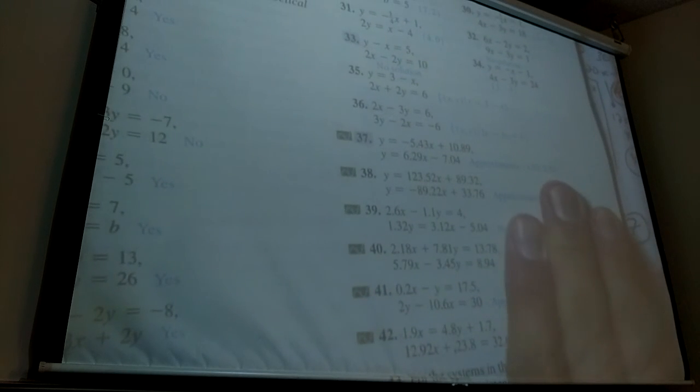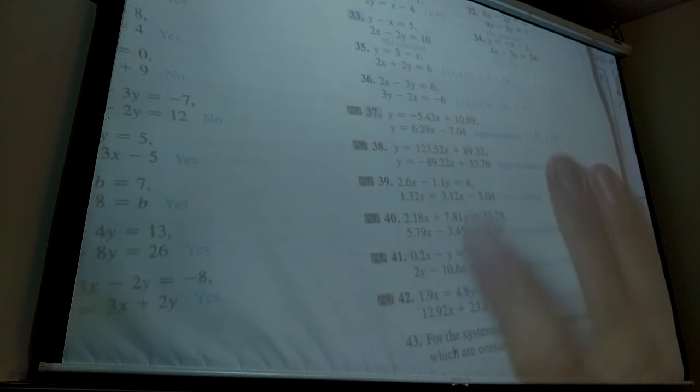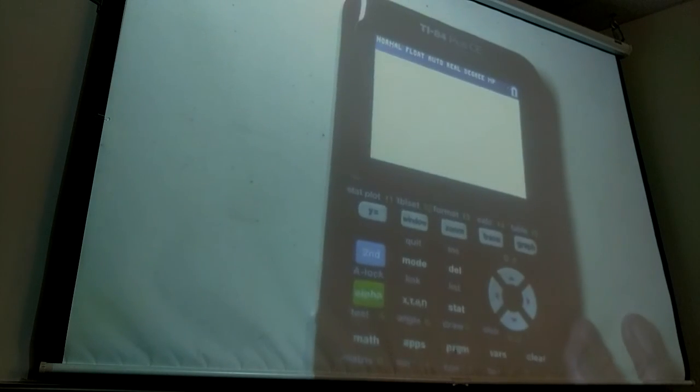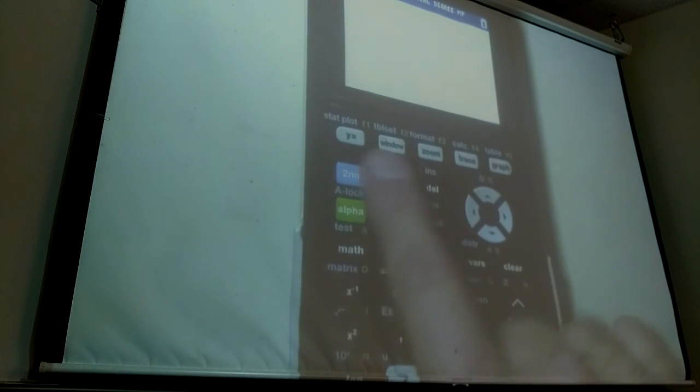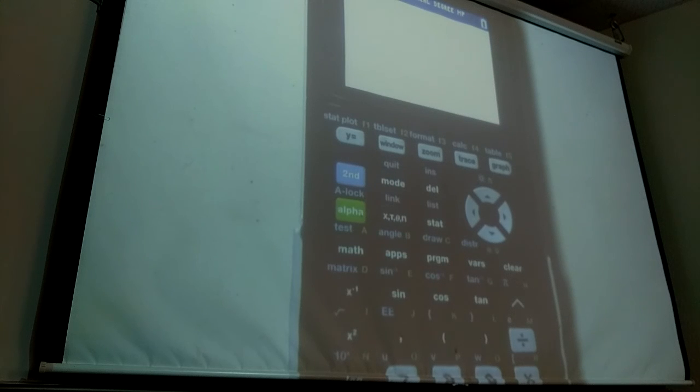Oh, look at the answers. I got the magic book. So number 40, it's this one. See how it starts off not solved for y yet? Why is that a problem? Because what button do you push to put something into the calculator to graph it? Y equals. So the first thing you have to do, let's do a problem like that one.